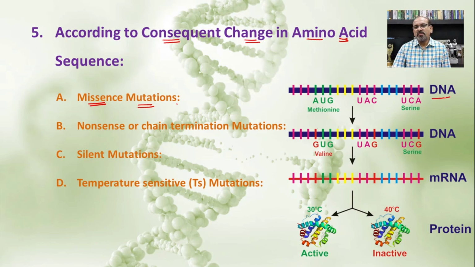Say for example, this is the script of the DNA molecule, and this is the script of the DNA having a certain change or mutation. If we see, this A is changed to G, and hence the AUG, after the mutation at the first nitrogen base, converts into GUG.